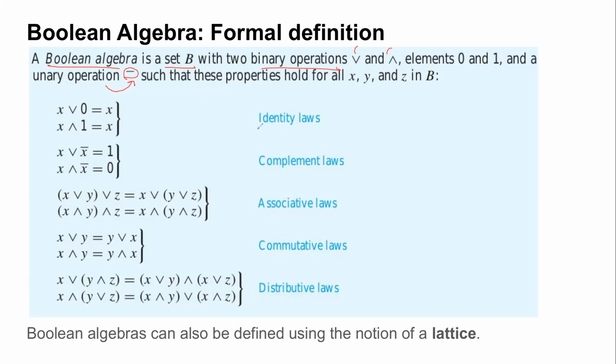There is the identity law, the complement law, the associative law, the commutative law, and the distributive law. So any set B which, along with these operations, satisfies all these properties is known as a Boolean algebra.